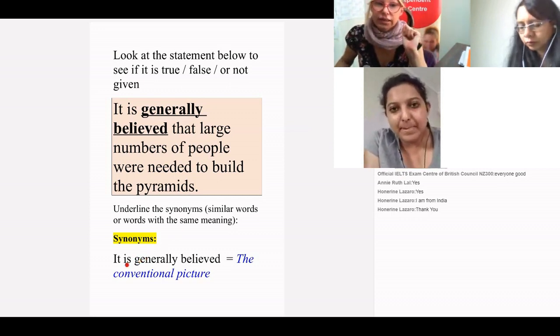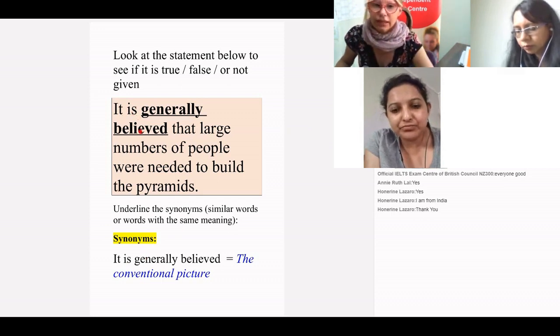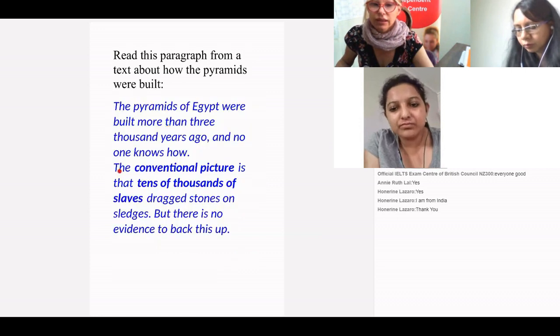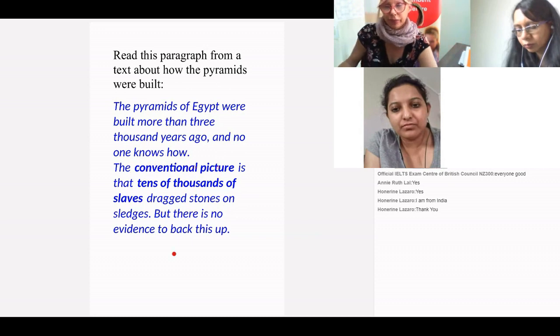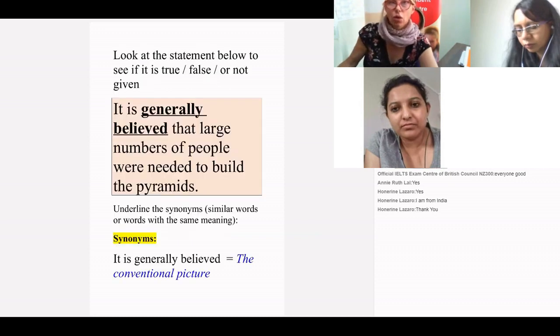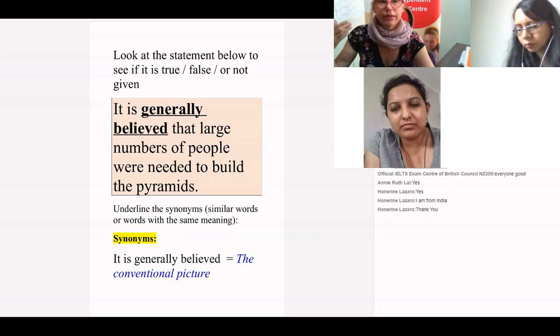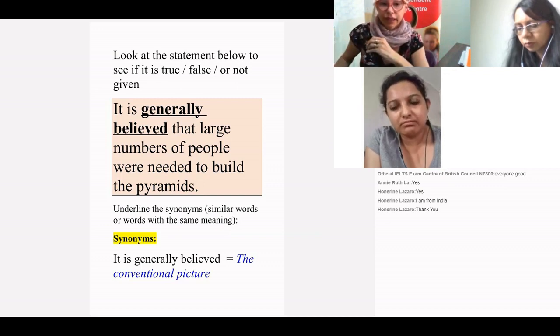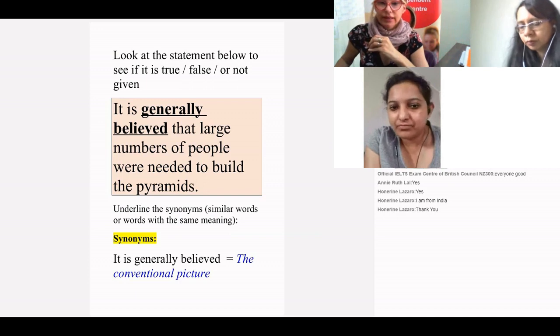Okay, so here we can see in the statement box, it is generally believed, and then here in the text it says the conventional picture. Okay, so you do need to understand the meaning of this word, conventional picture. So conventional means standard, or something that most people believe.